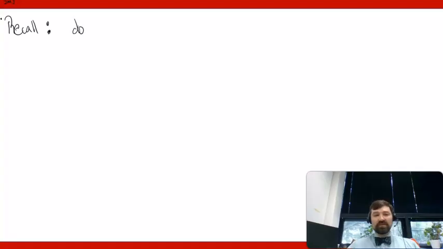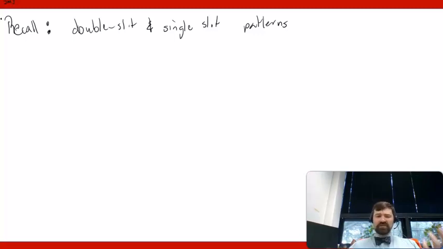So we basically have our double slit and our single slit patterns, and these are both formed due to effects of essentially adding up interference from a bunch of point sources within either the double slit or the single slit, as the case may be, and looking at what the phase differences are.